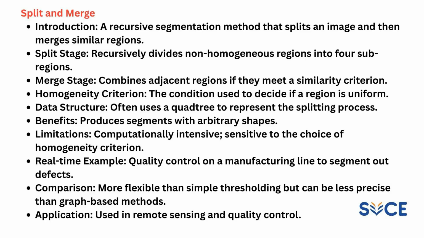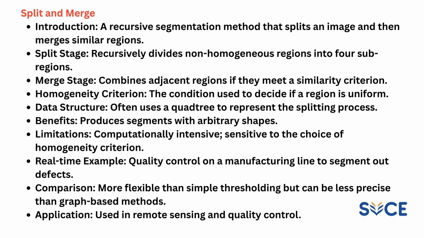The second part here is practicality and limitations. The power of this method lies in its flexibility because it splits the image based on the content. It can produce segments with arbitrary shapes, unlike methods that use fixed-size grids.